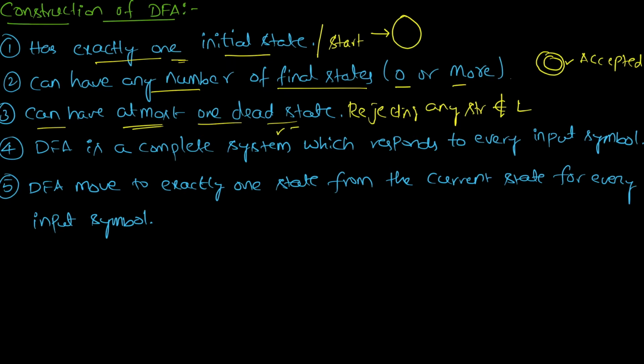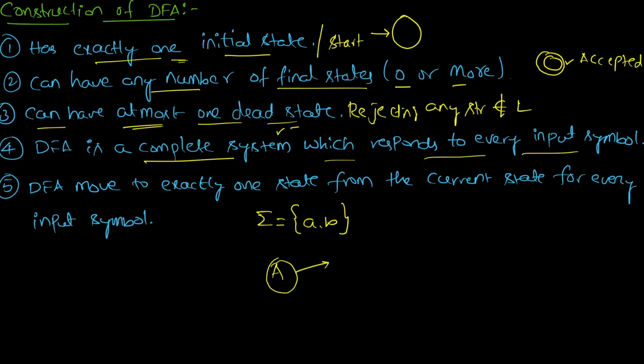A DFA is a complete system which responds to every input symbol. Let's say we have an alphabet A, B. Consider this is our state A. From every state we will have a transition over every input symbol.